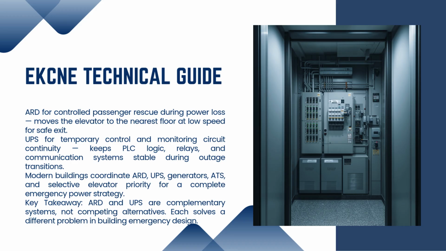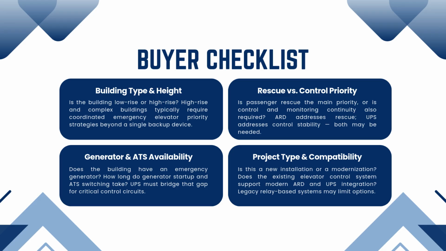EKCNE example. EKCNE's ARD versus UPS technical guide explains this difference clearly. In the guide, ARD systems are described as focusing on controlled passenger rescue during power interruption. UPS systems are described as supporting temporary electrical continuity for control, monitoring, communication, PLC logic, and relay coordination during outage transition.